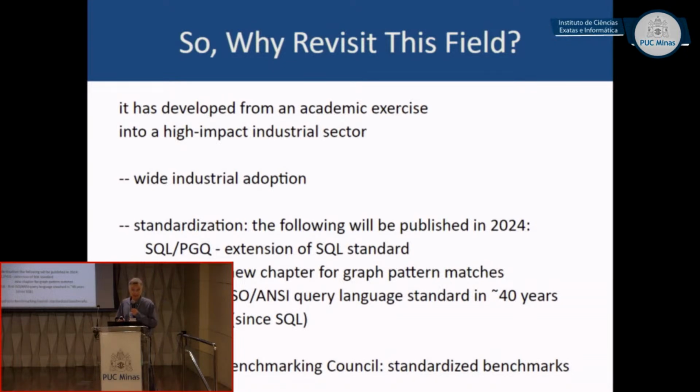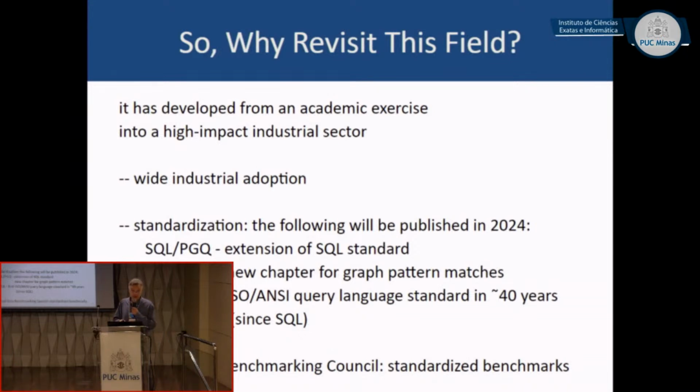That has changed dramatically. In the meantime, the industry is clamoring for graph databases. There is wide interest to the point where graph query languages are being standardized. As a matter of fact, the standardization has been going on since 2016, and the first versions of the standards are coming out this coming year, 2024, in the beginning.